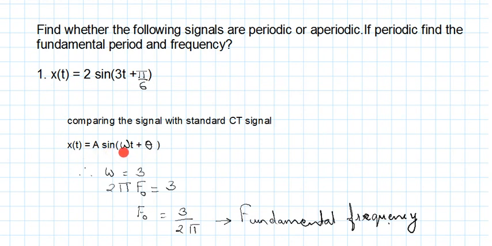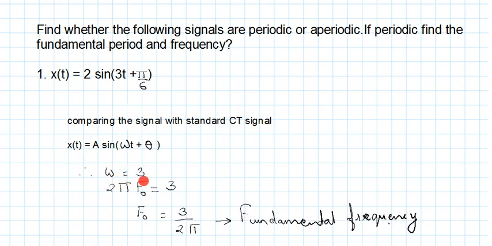I am not interested in the phase, nor in the amplitude. We want to calculate the fundamental period and the frequency, so we are interested in the term omega. When I compare the given signal with the standard representation, I get the omega term. So what is omega? Omega turns out to be 3.